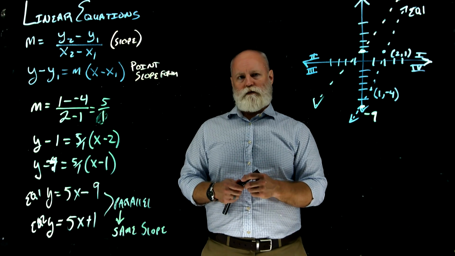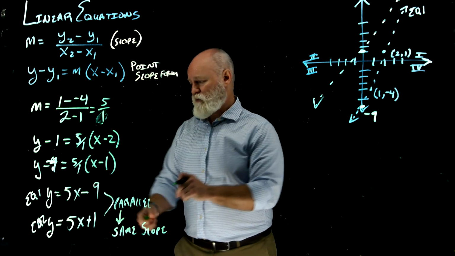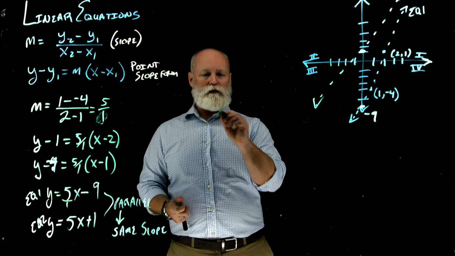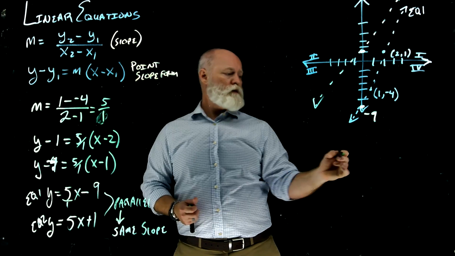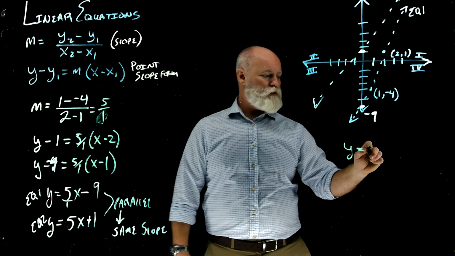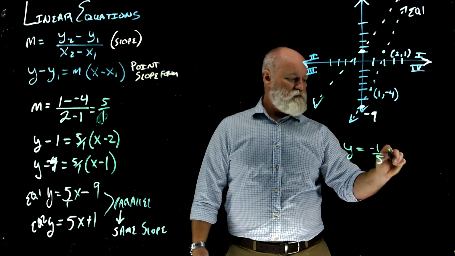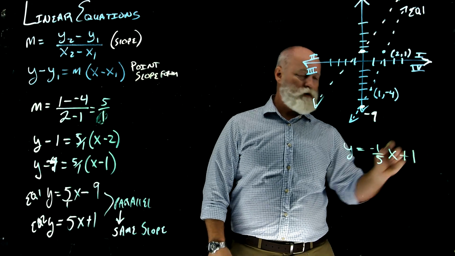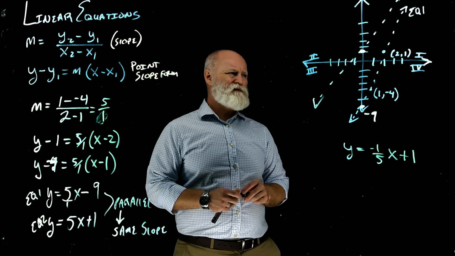Now what else can we do? Well, the other thing that we can do is we can take this slope, which again is actually 5 over 1, and we can do something to it. Let's rewrite it as, let's say it's y is equal to negative 1 over 5 x. This time let's use either one of these. Let's say plus 1. What does that mean?